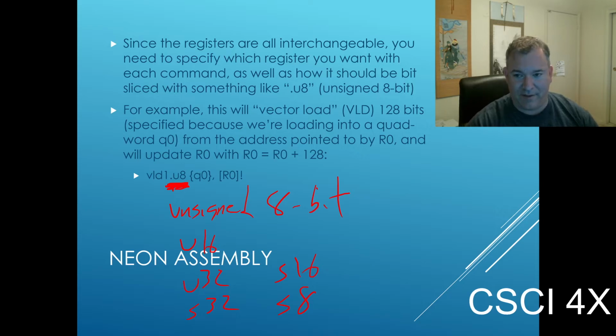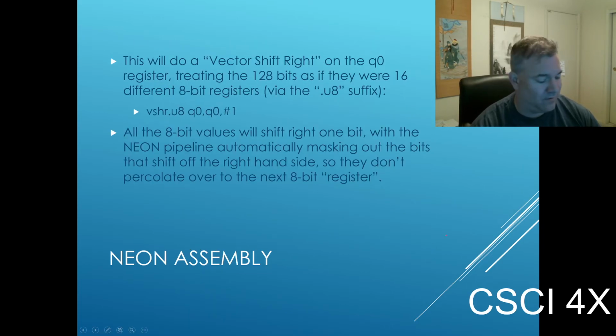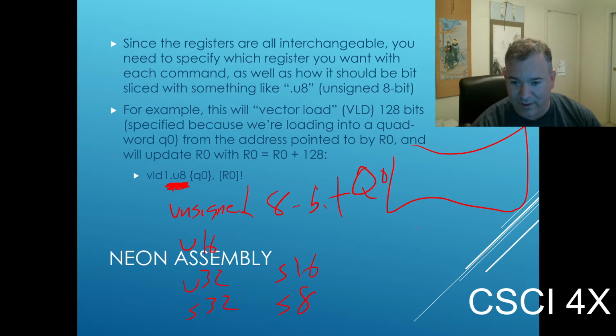And so that basically says, are we going to treat this quad, if we have quad register 0, as if it was 4 different integers, int1, int2, int3, int4?